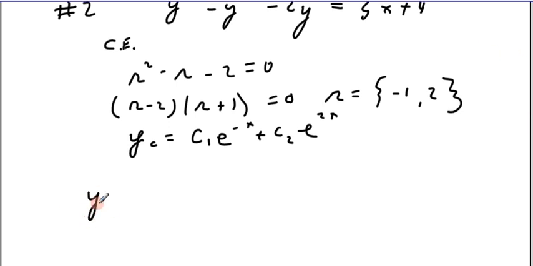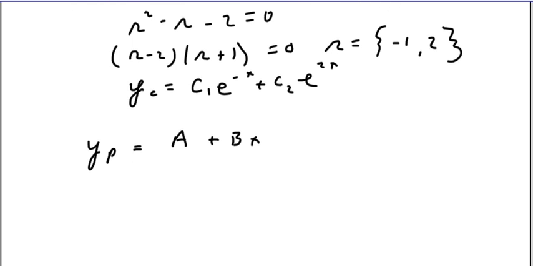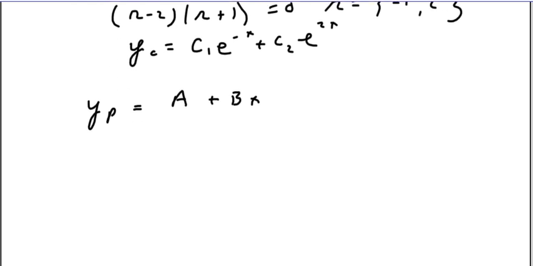And my y sub p is going to be a plus bx. And that's all it's going to be. Except I want to know what a and b are. Isn't that cool? So I'm going to go y prime of p is b, and y double prime of p is 0.